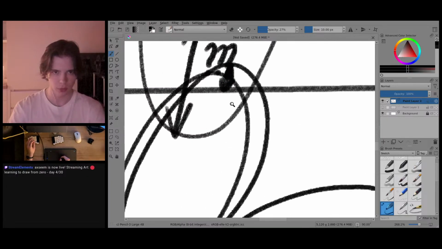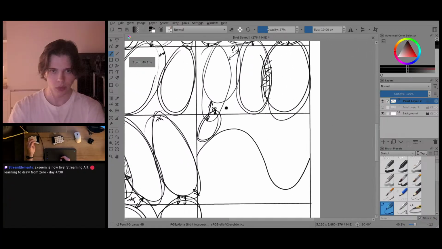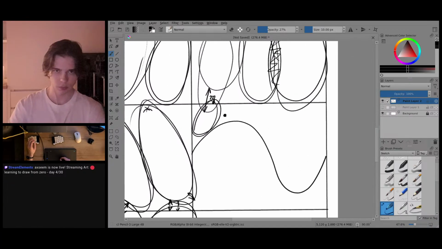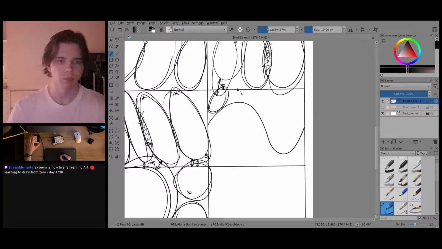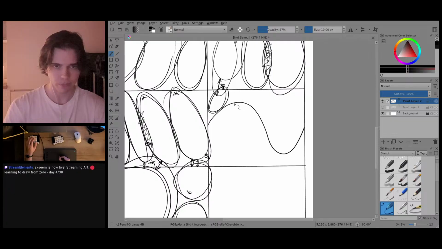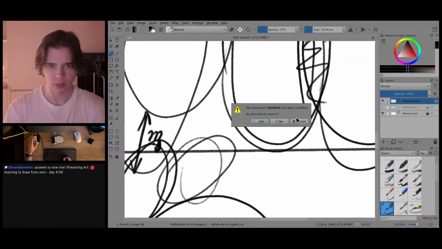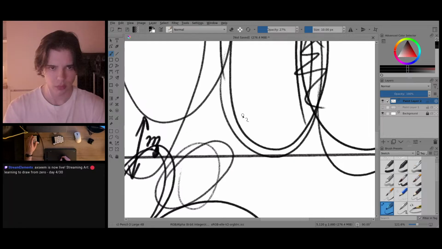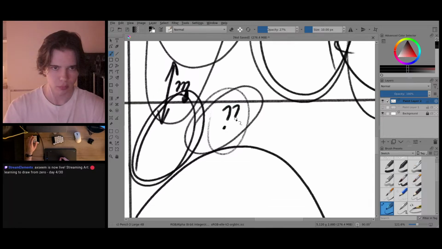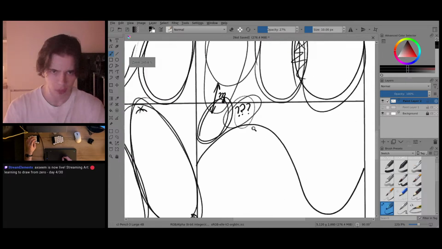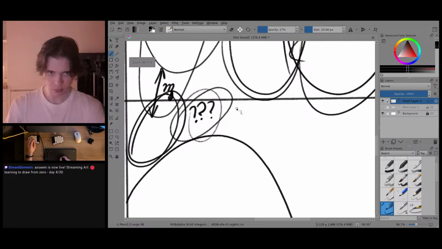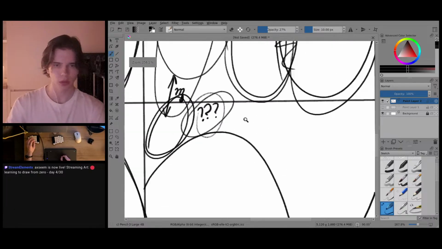Okay, it's not that visible because I scaled it up. Let's not scale it up. Oh, this is just straight up terrible. No, not scaling up.